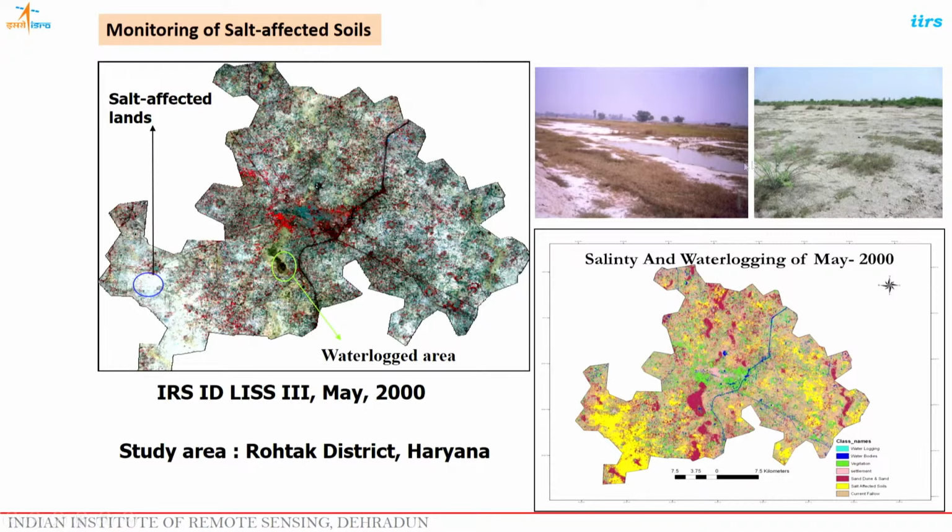On the ground, these fields appear like that, and by classification you can map them, where you are getting the yellow tone. We have given this as the salt affected soils, and here you can map the waterlogged areas. So we can easily map these degraded lands using remote sensing data as a digital method.